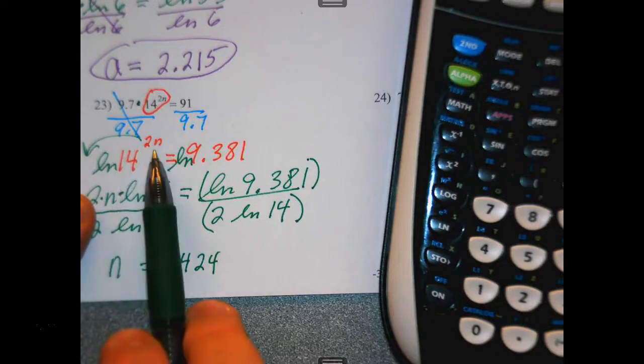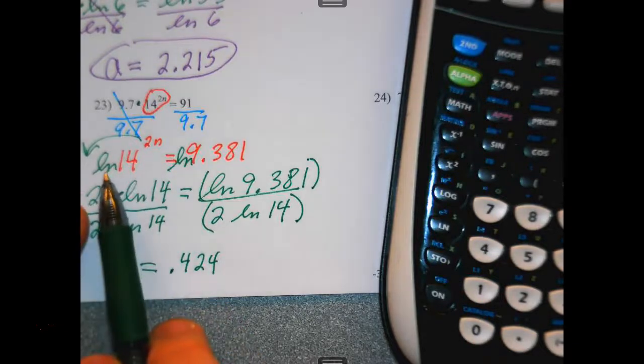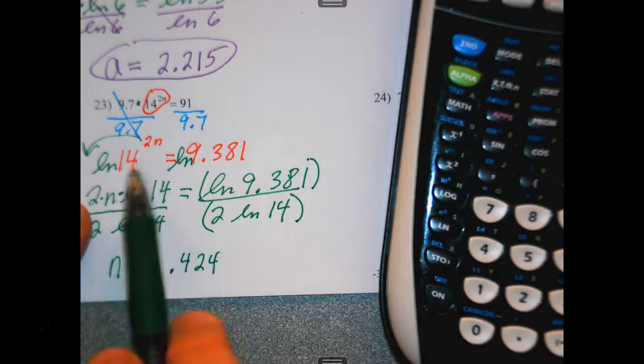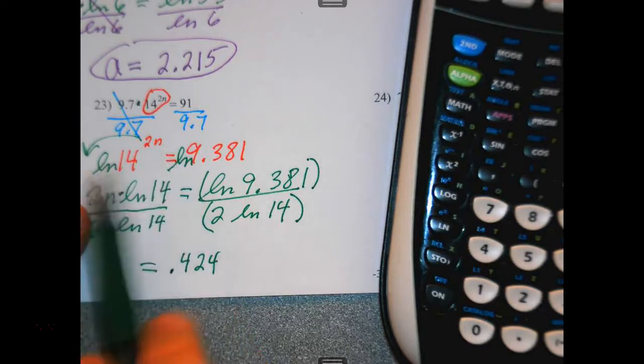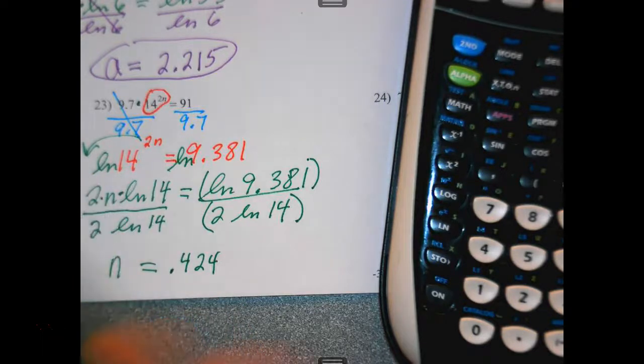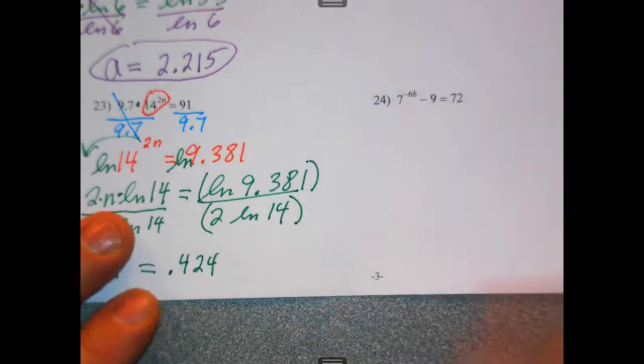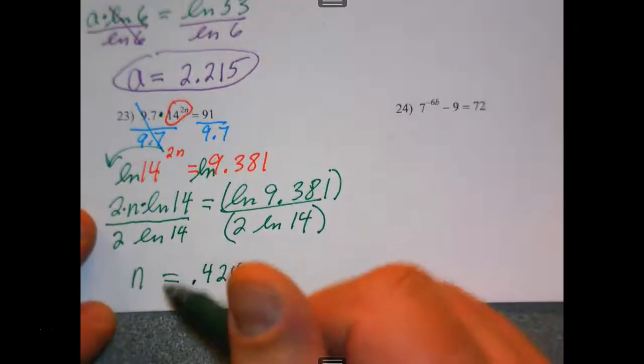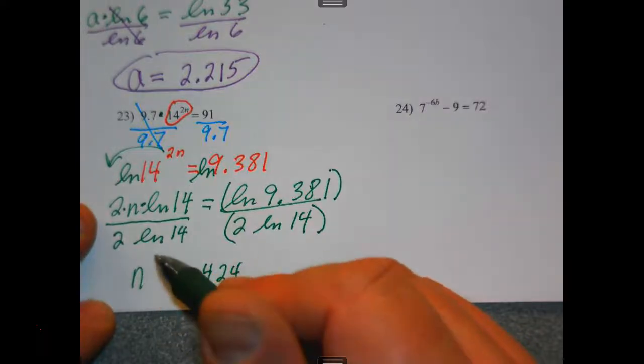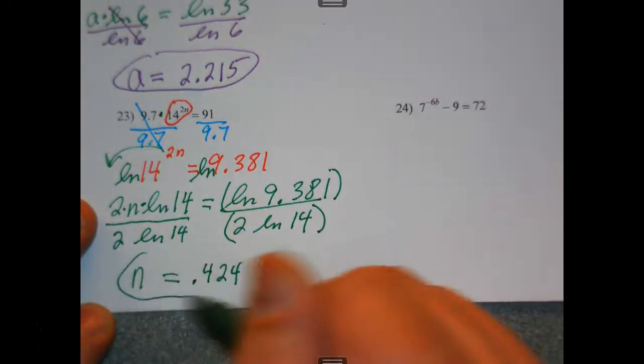If this was E to the 2n, I would want to use ln. If it was 10 to the 2n, I would want to use common log. Other than that, you can use either one. I would use common log, yes. Exactly. Are we getting close to being done?